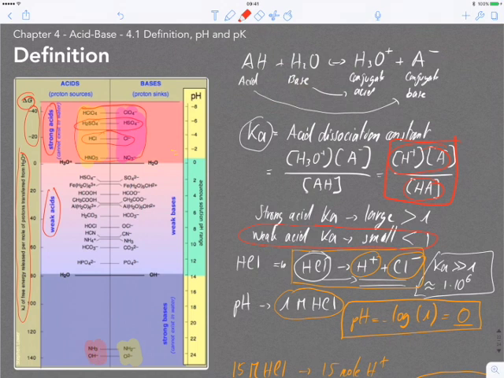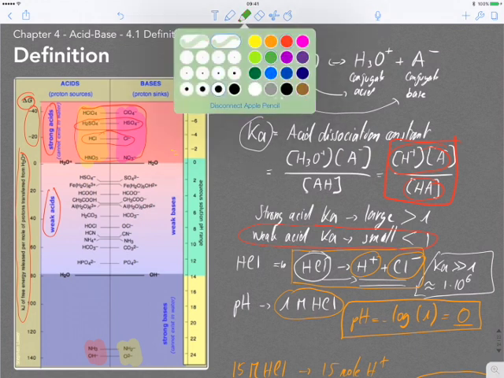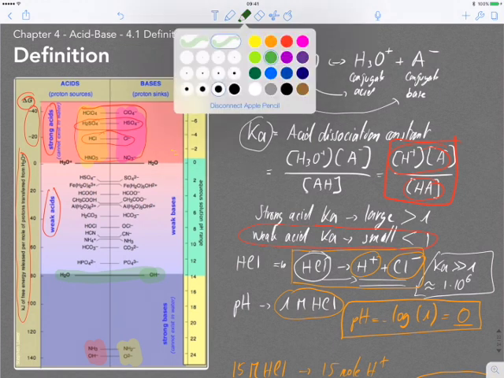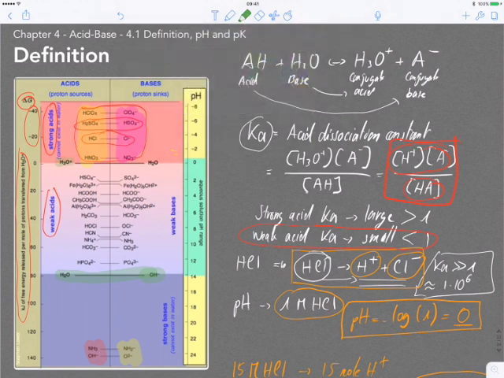Only this can be found in water. Because as soon as you're touching this base into water, it will dissociate and give you something that is more stable in solution. So the strongest base you can have in water is OH minus, and the strongest acid is the hydronium cation in this case.